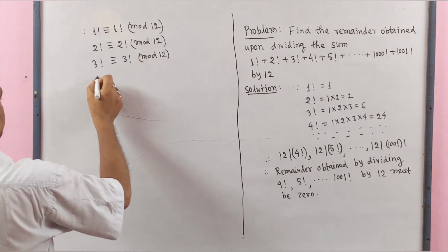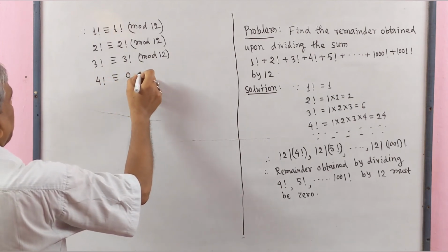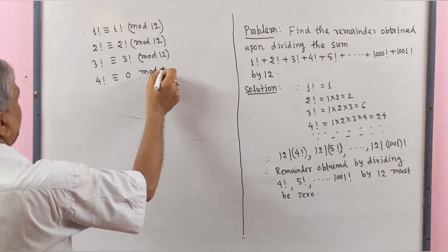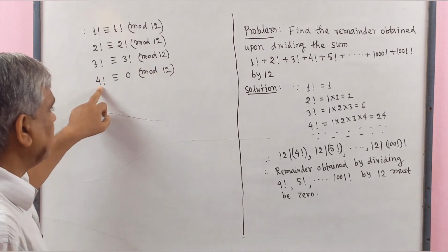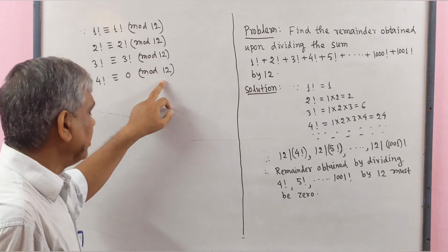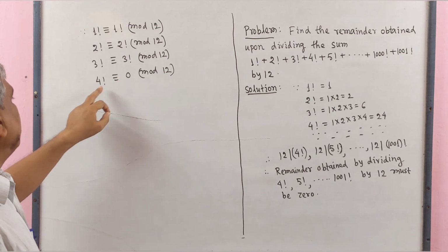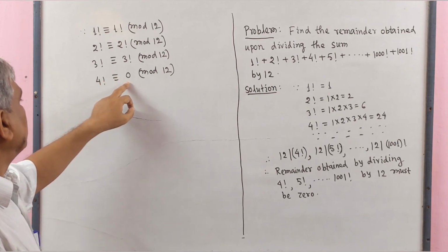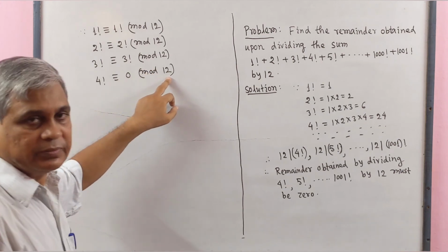And factorial 4 congruent to 0 modulo 12, because if we divide factorial 4 by 12 we get remainder 0, that is, 24 minus 0 is divisible by 12.